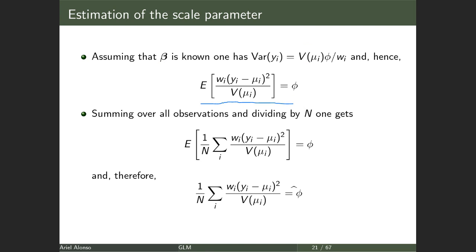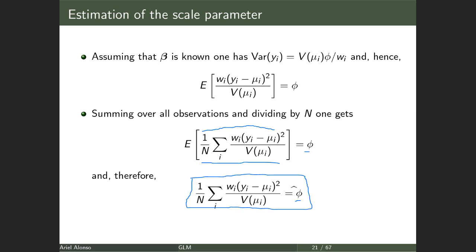If you sum both sides here over each individual, well, this is constant, it will stay n times psi that you divide by, and you get it here. So essentially, this is the expression you have. The expected value of this over here is equal to psi. So what the method of moments does is you estimate psi using just these statistics over here. And that's the way that psi is estimated in practice.